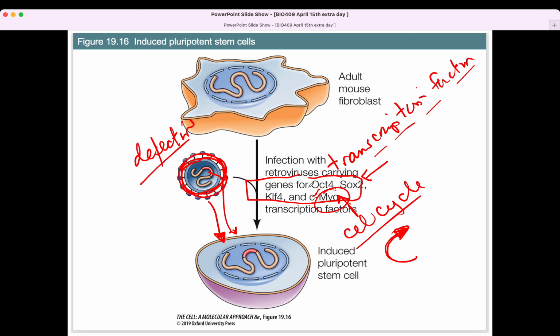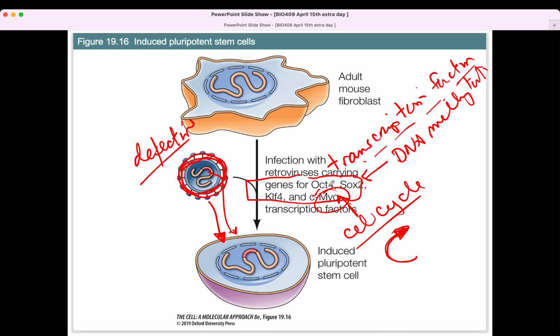Then these other 3 are transcription factors, and they're involved in regulating DNA methylation. And that's satisfying for us because we know that differentiated cells are methylated and stem cells have less methylation.